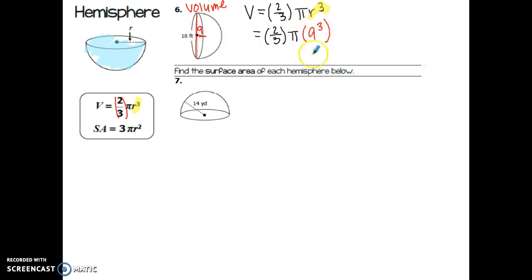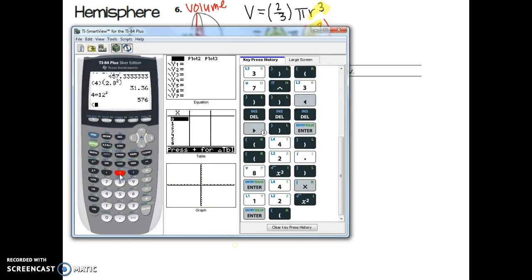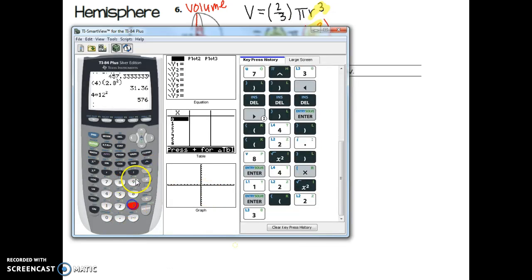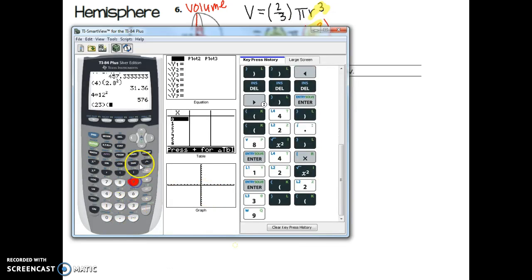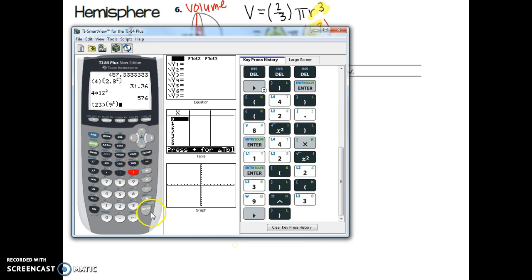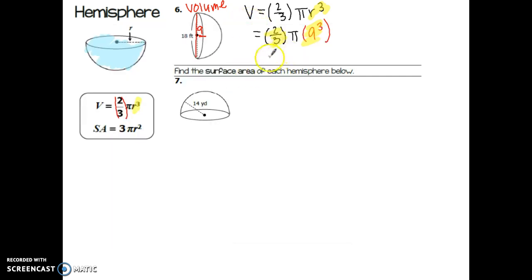Then, like always, multiply everything that is not pi. So we're going to come here and say 2 divided by 3, and then 9 caret 3. It's actually called a caret. So 486.